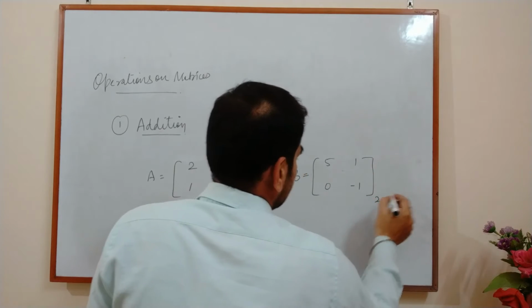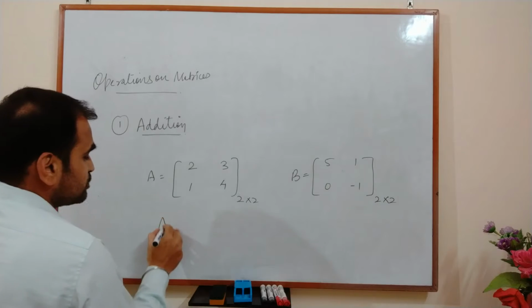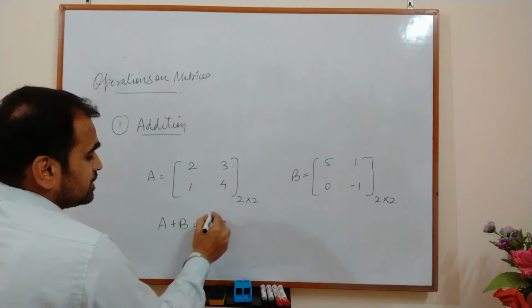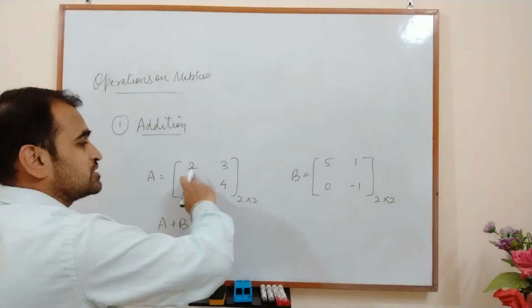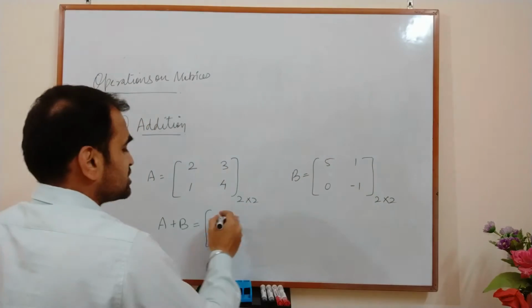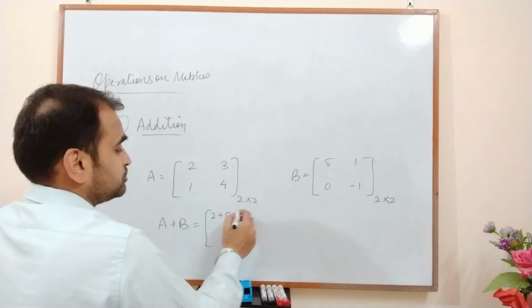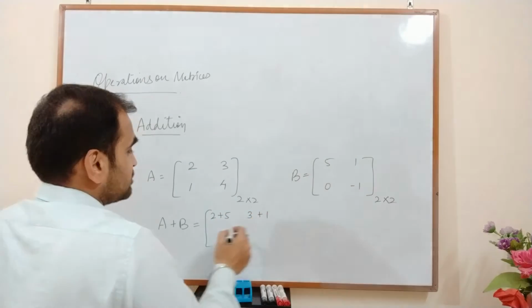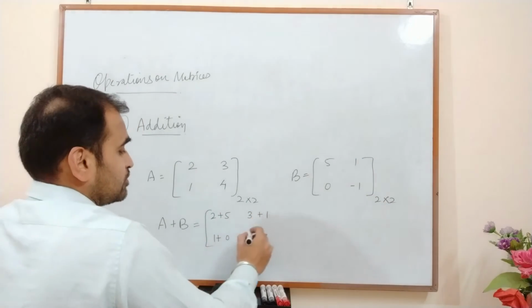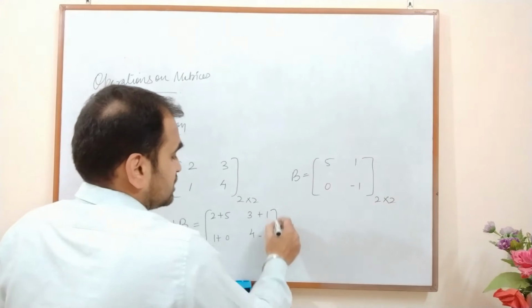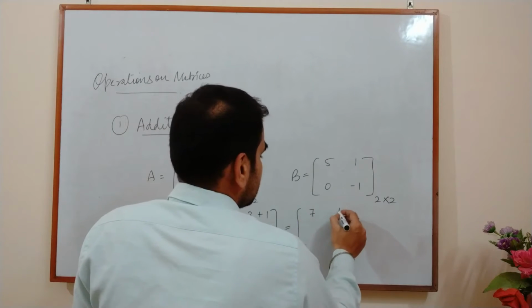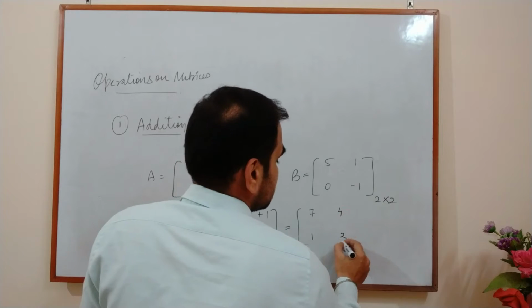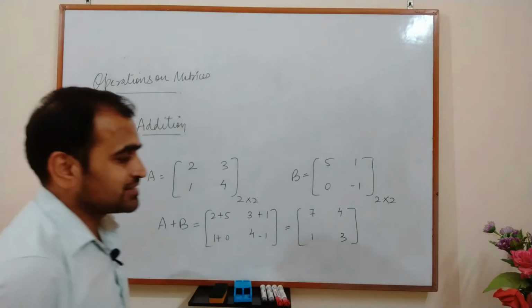To add A plus B, simply add the first element of the first matrix with the first element of the second matrix, that is 2 plus 5, then 3 plus 1, then 1 plus 0, and 4 minus 1. So the addition will be 7, 4, 1 and 3. This is the addition of the matrices.